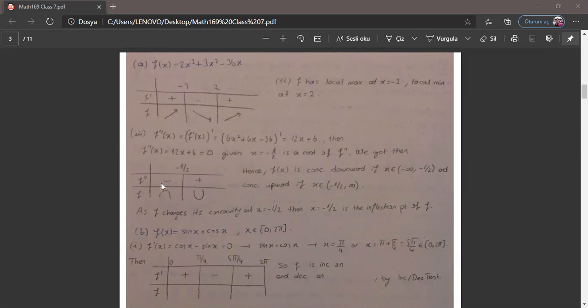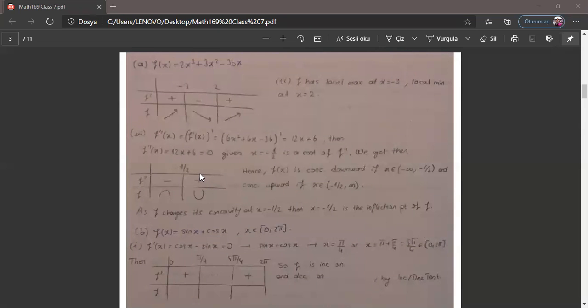Now what do we do? We just check if it's positive or negative when we plug something greater than -1/2, and get plus here. Pick some value from this interval.